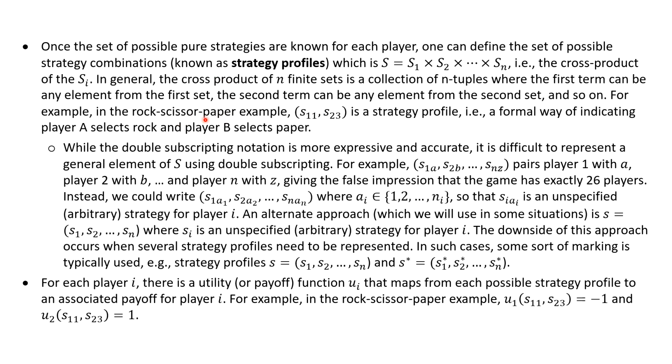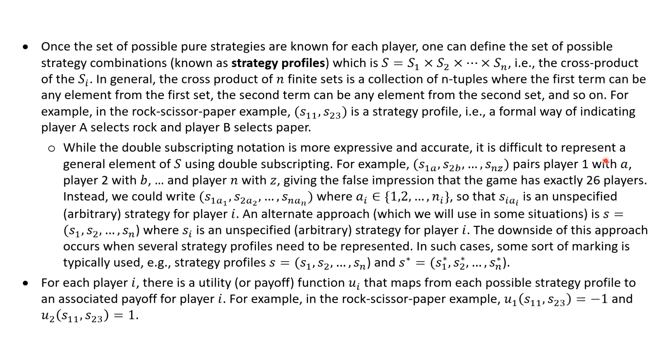In the rock, scissors, paper game, we have here one strategy profile, S11, S23, and this is saying player 1 plays rock. Rock is the first strategy, and player 2 plays paper. Okay, so that's a particular strategy for each of the 2 players.